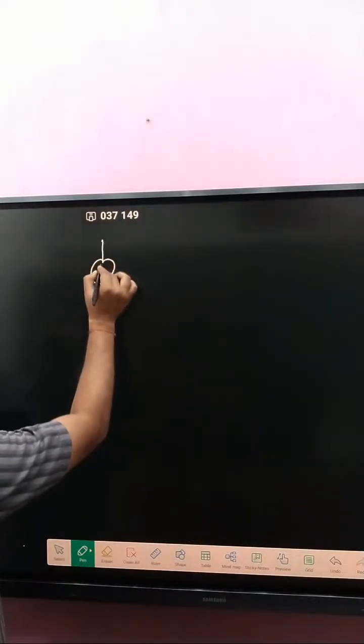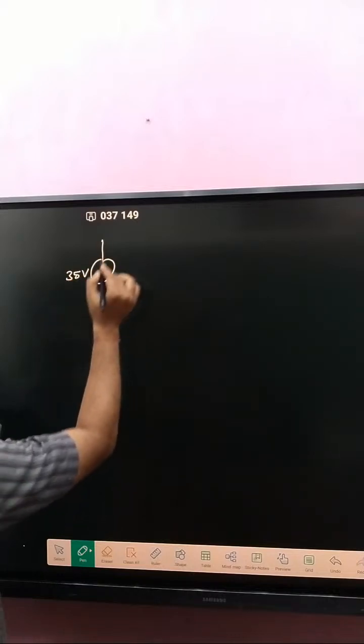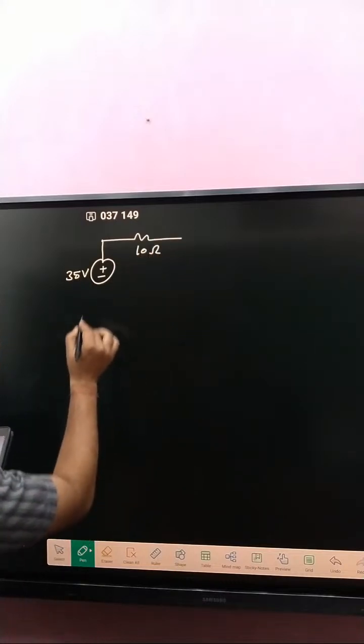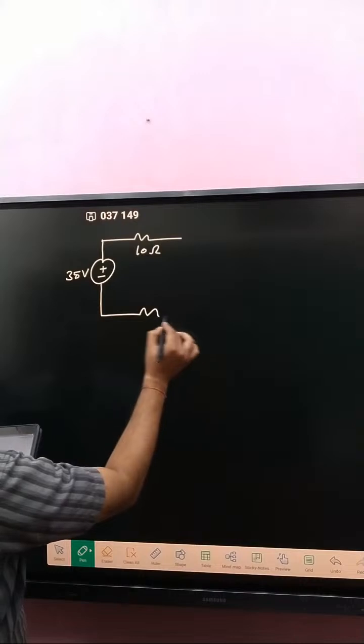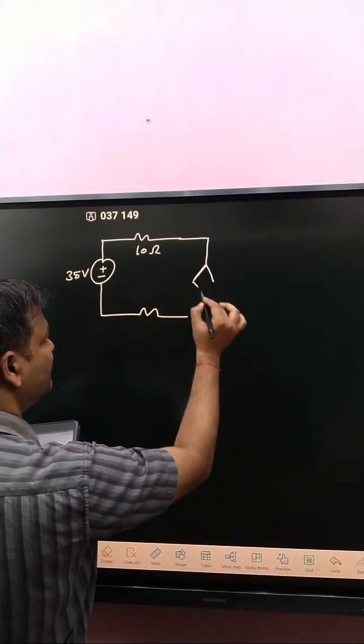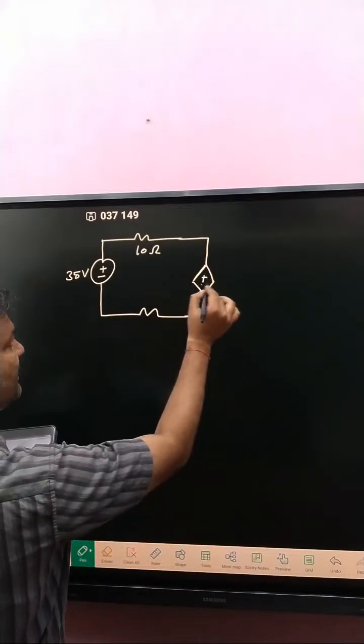That one is 35 volt, plus minus 35 volt, and that one is 10 ohm. Plus minus 2 Vx.